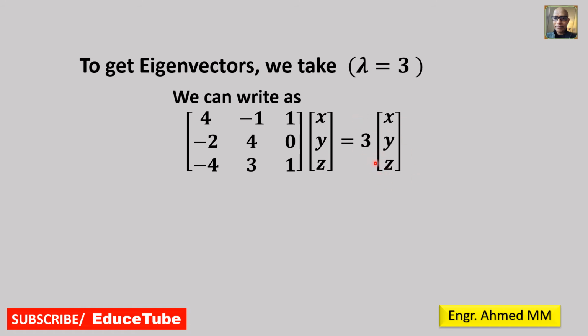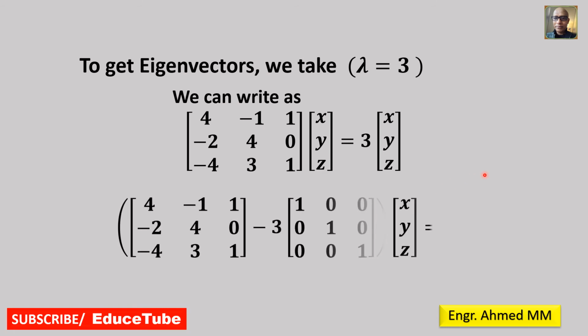Now we will bring this right hand side to the left, and add an identity matrix. Otherwise we cannot subtract it. If we don't put the identity matrix, we cannot subtract. That's why we do that. So now this is the form.